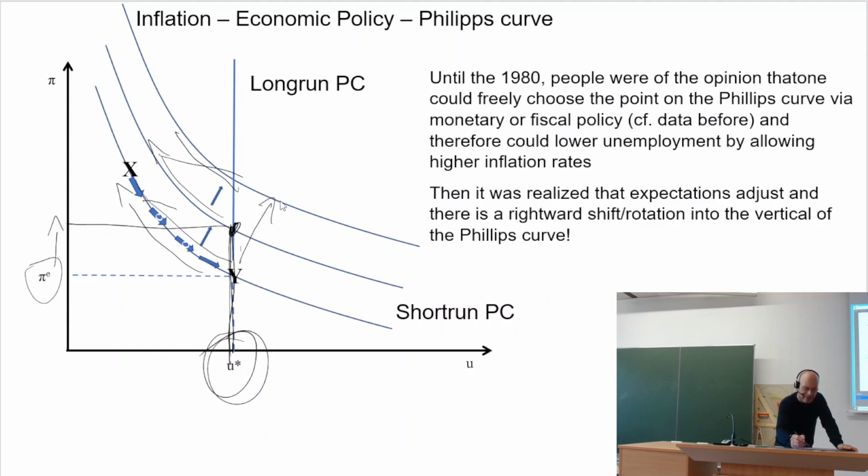And from a theoretical standpoint, introducing some dynamics over time and this learning process within our economy would mean that in the long run this trade-off between inflation and unemployment does not hold, but we get the long-run Phillips curve, which is just a vertical line.